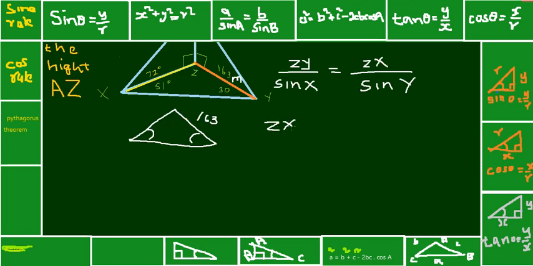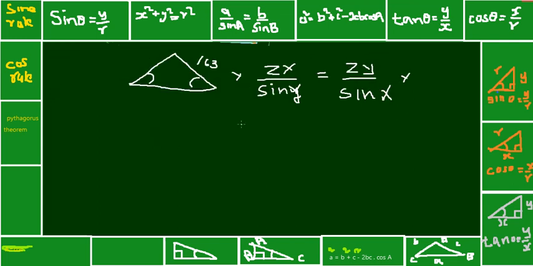We say ZX divided by sine Y equals ZY over sine X. It's the same thing, just swapping everything. We're looking for ZX, so we multiply both sides by sine Y. The sine Y cancels on this side and is left on the other side.